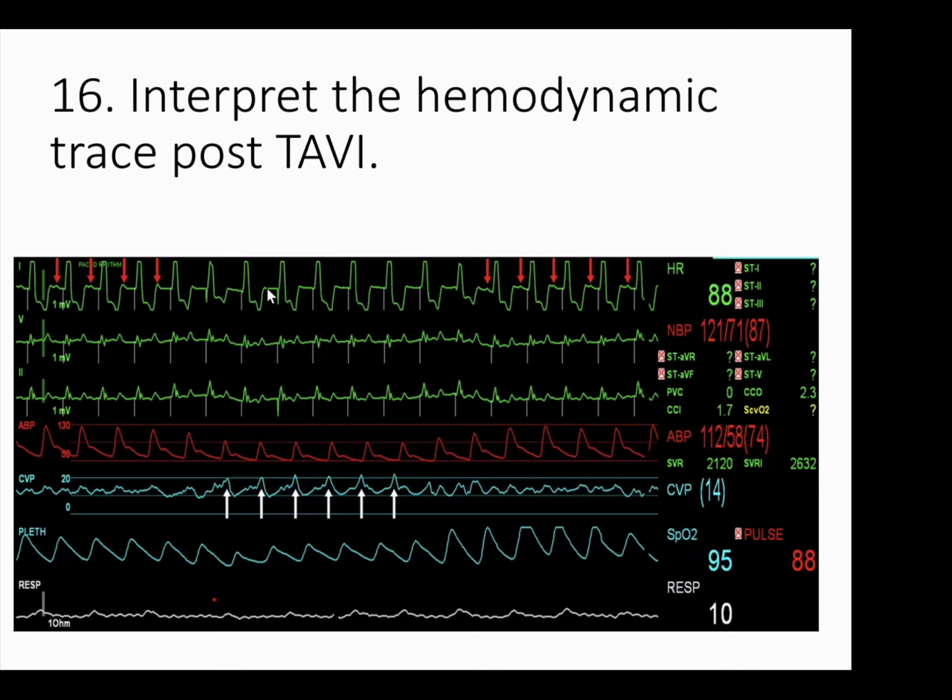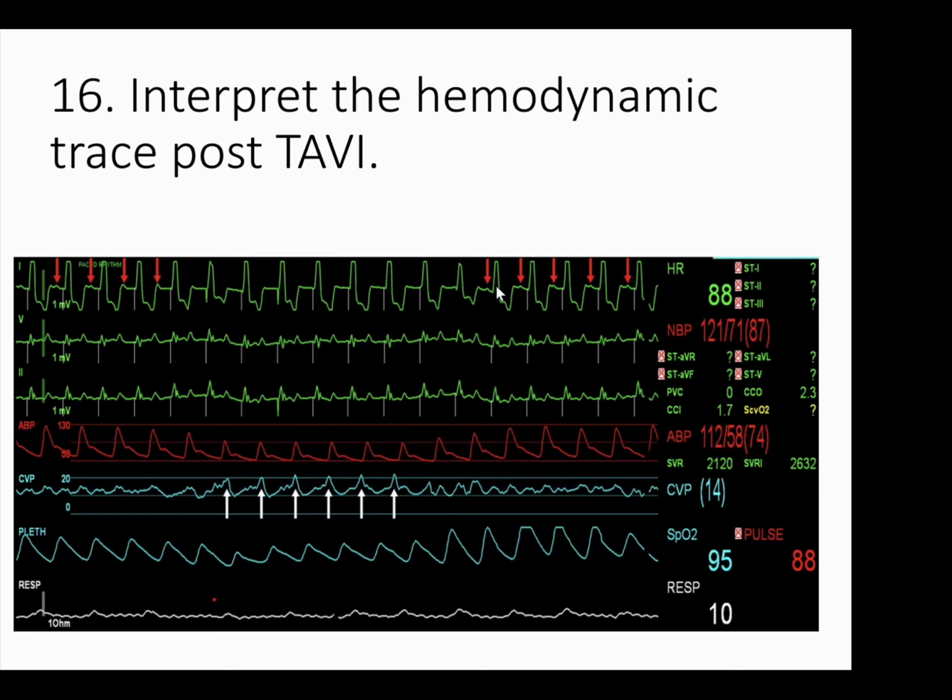Here you cannot see any P wave. So here AV dissociation is occurring, and you are seeing the Canon A waves because of the AV dissociation. Because of the ventricular pacing, AV dissociation is occurring, and because of this loss of atrial kick, the aortic pressures are going down.